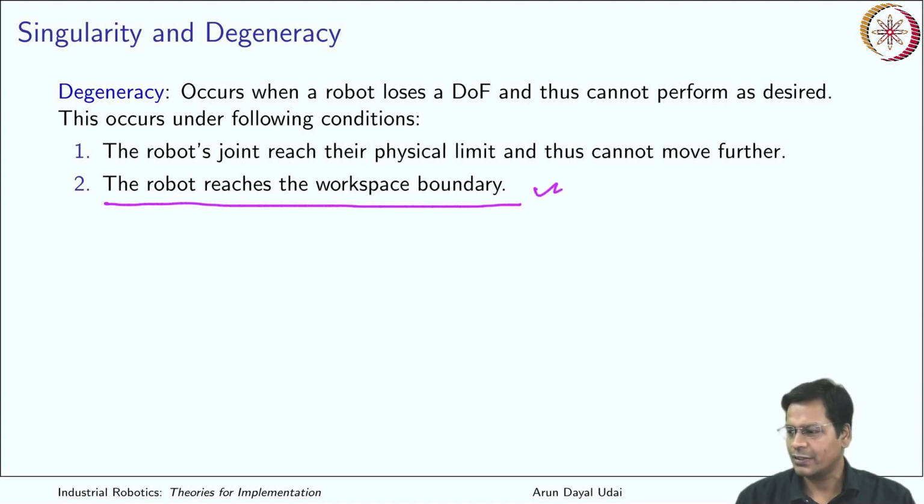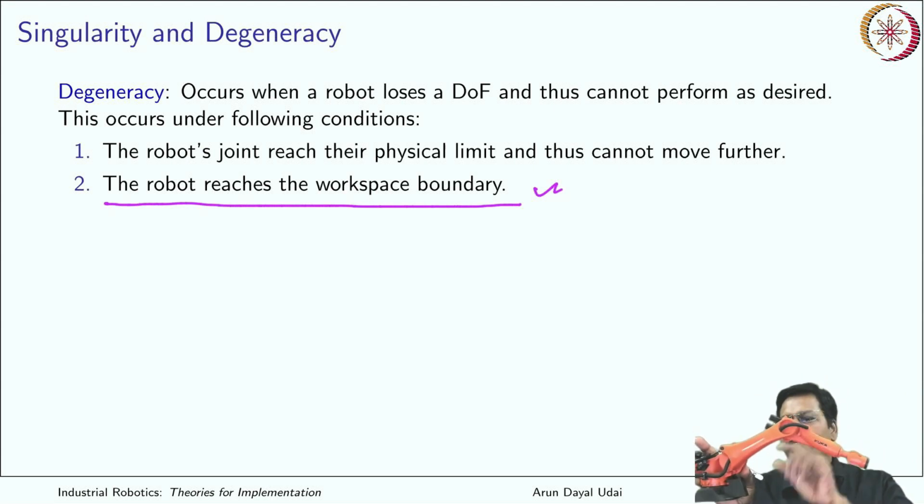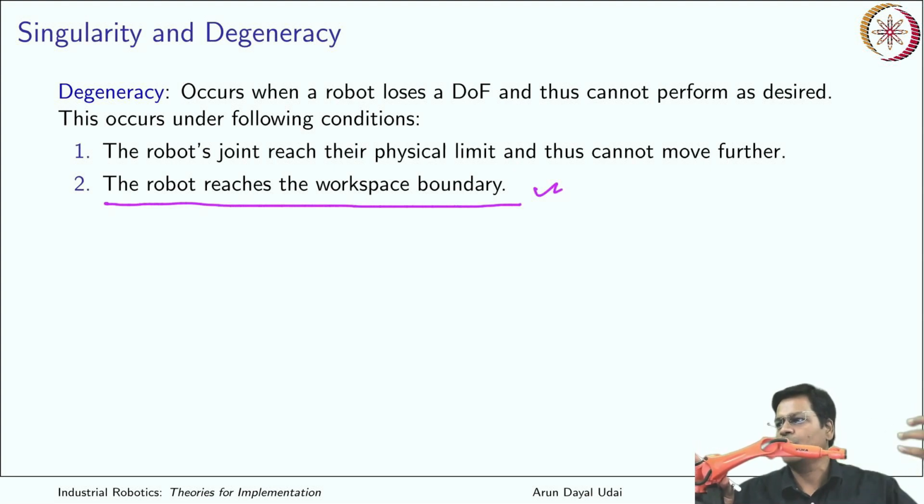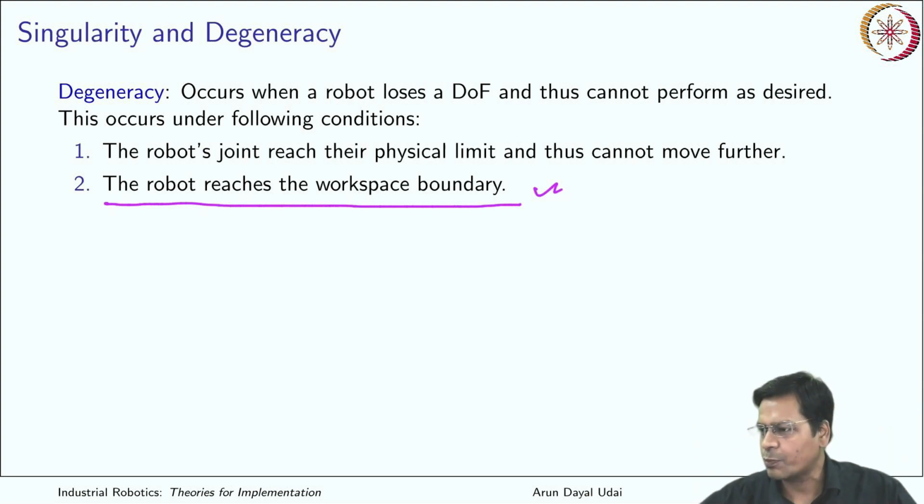Physical limits is the joint limit. Let us say this joint cannot straighten up more than this. So this becomes its joint limit and thus it cannot do further action. It cannot move further. So that was your first point.